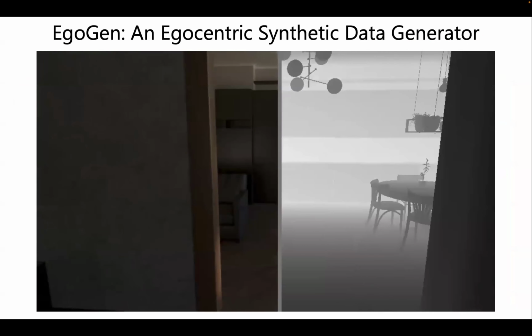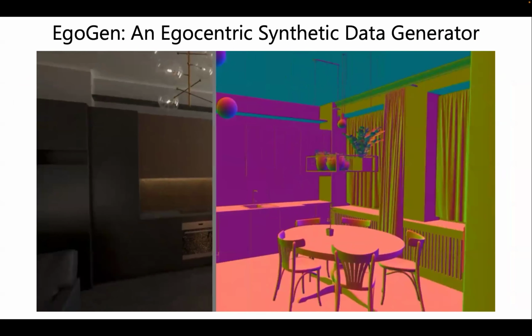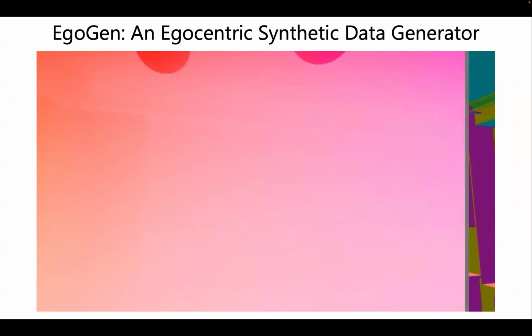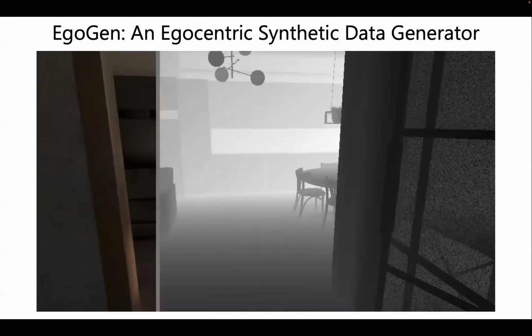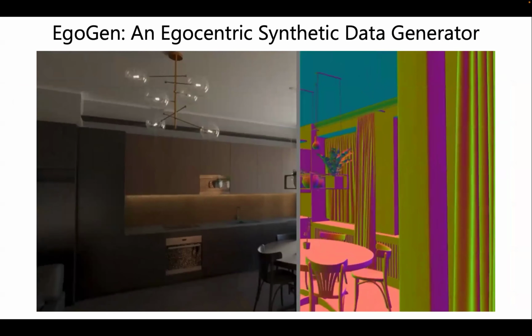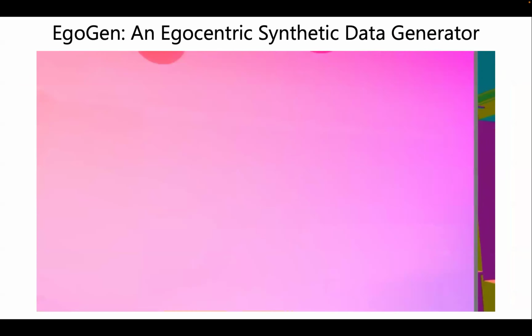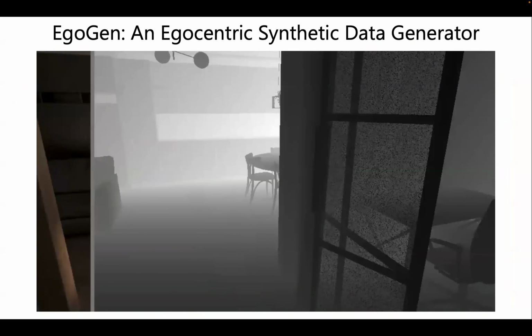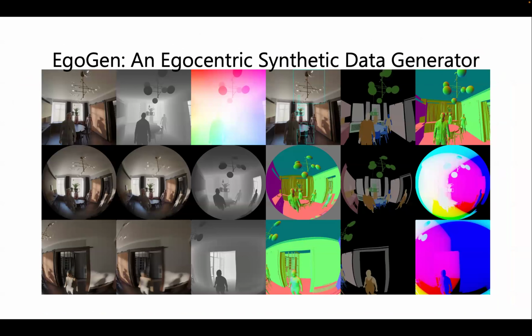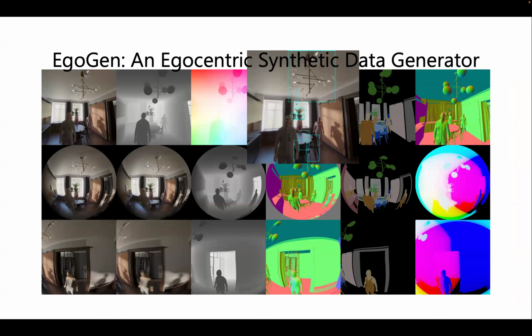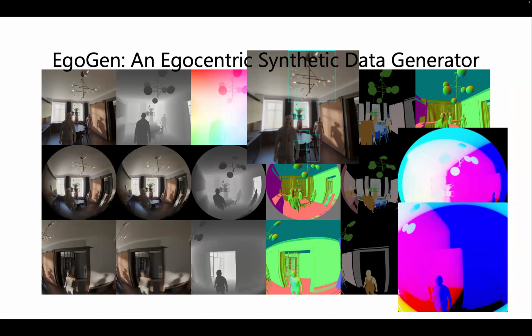So with EgoGen, this is the data we generated, and you can see we can have all kinds of ground truth data for vision tasks. For example, depth image, normal map, optical flow, as well as bounding boxes, semantic segmentation, and world coordinates where you can do tracking.